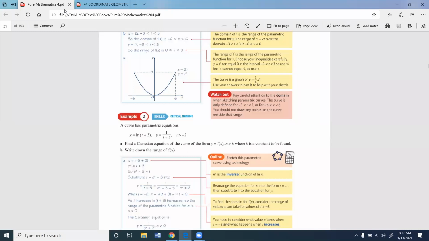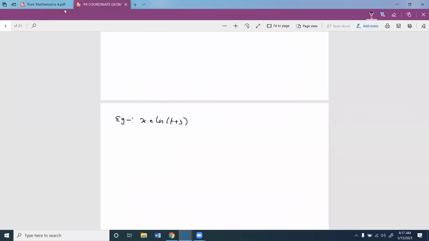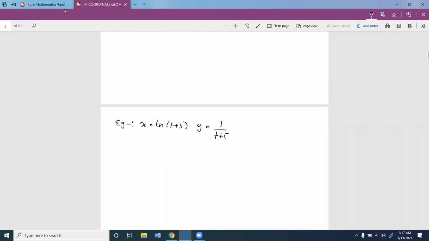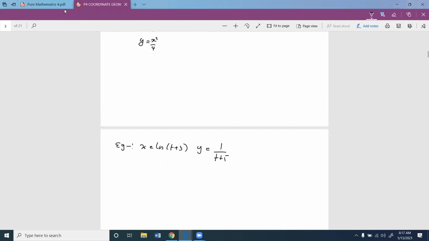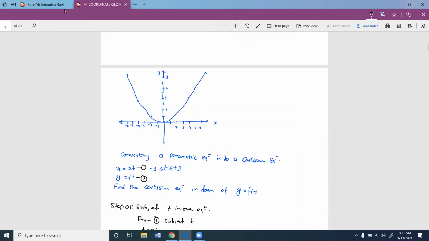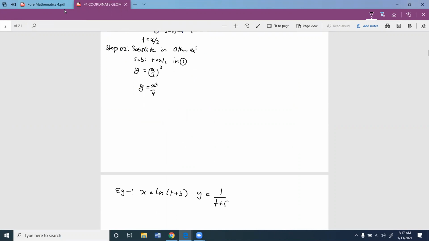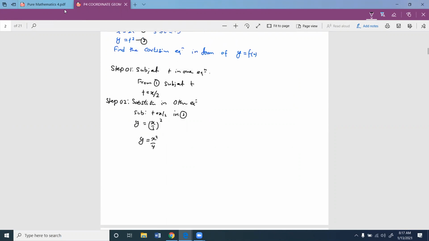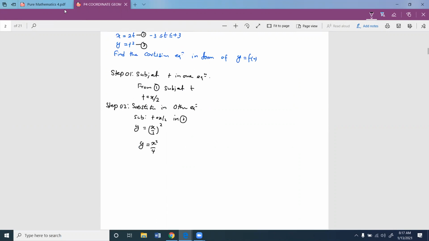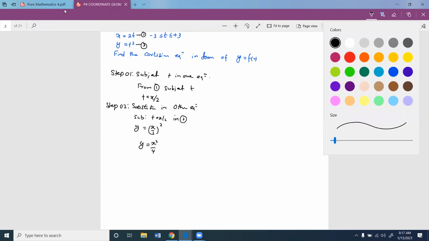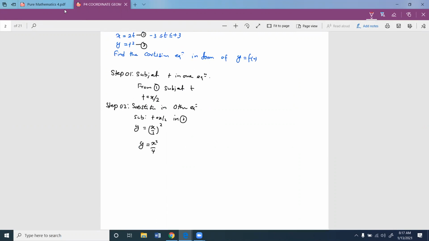The other equation is y equals 1 over t plus y, right? Okay, for this example, there's one more thing they can ask you. They can tell you like this. This is another optional part they can ask you: state the domain of the function.